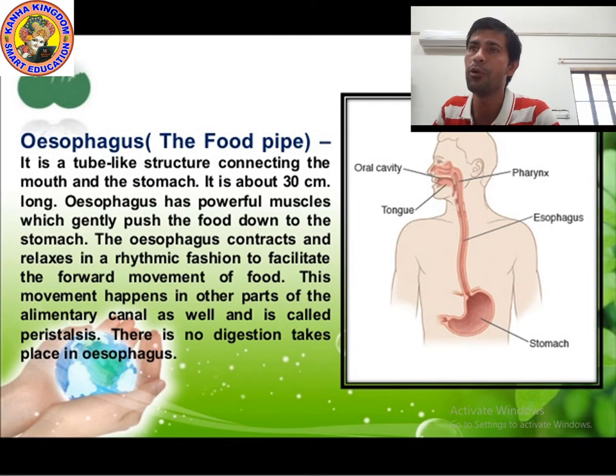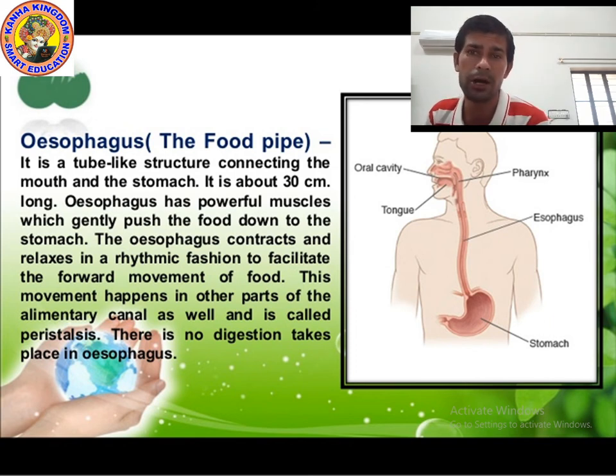Okay, this movement happens in other parts of the alimentary canal as well. Yes, in all parts of the digestive system, this movement happens. This movement is known as peristalsis. This word is not written in your book.